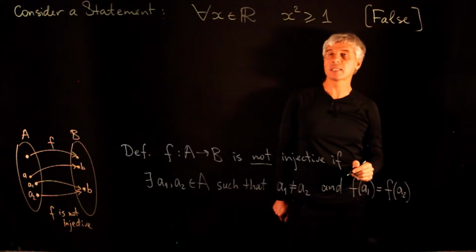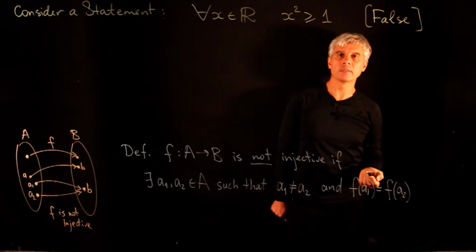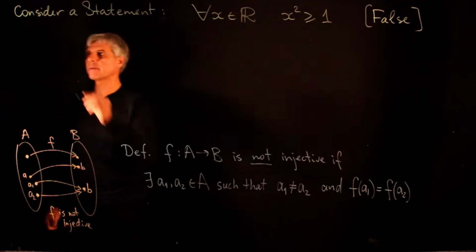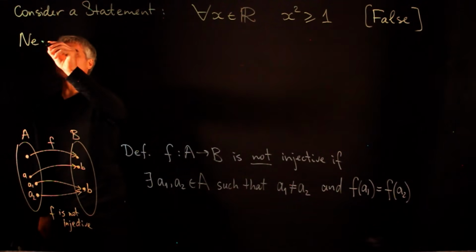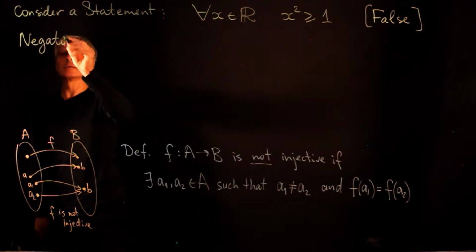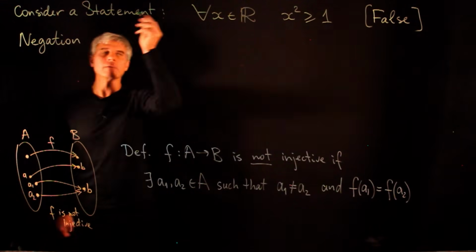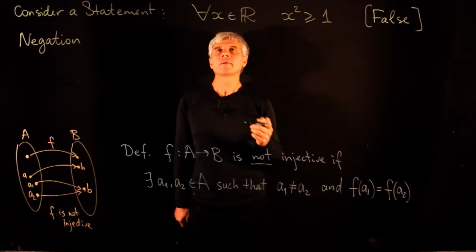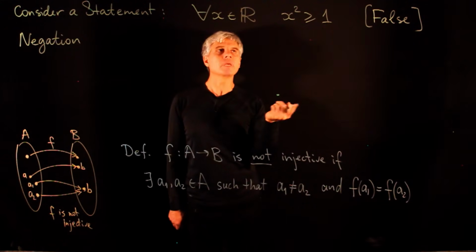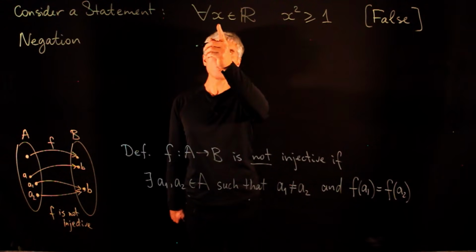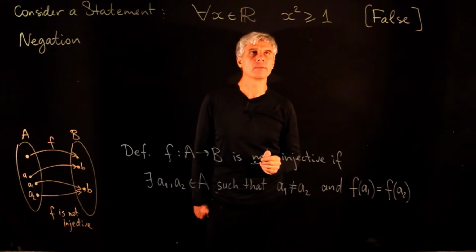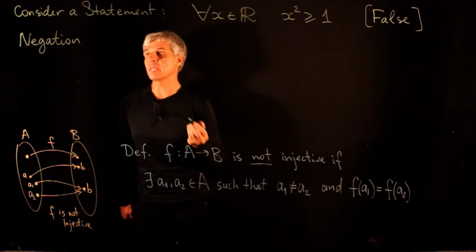So this means that the negation of this statement must be true. And let us find what is the negation of the statement here. So the negation means that not for all x in R, x squared is greater or equal to 1. So what does it mean?